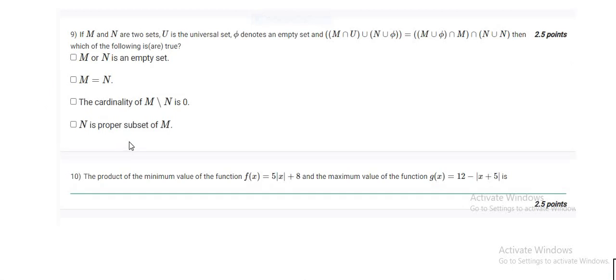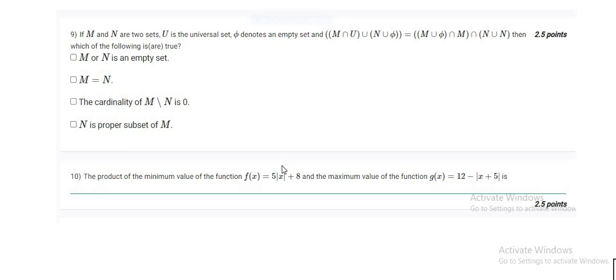Moving ahead to the next question. Question number 10 says: find the product of the minimum value of the function f of x is equal to 5 mod x plus 8, and the maximum value of the function g of x is equal to 12 minus mod x plus 5. So I have to find out the product of these two values.